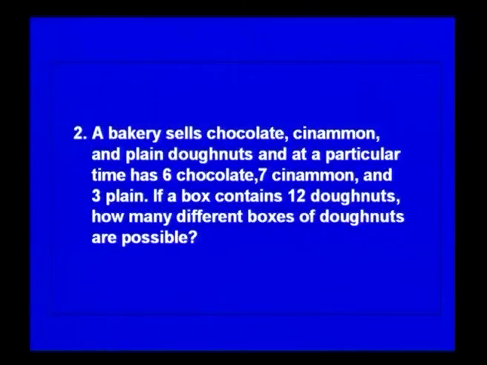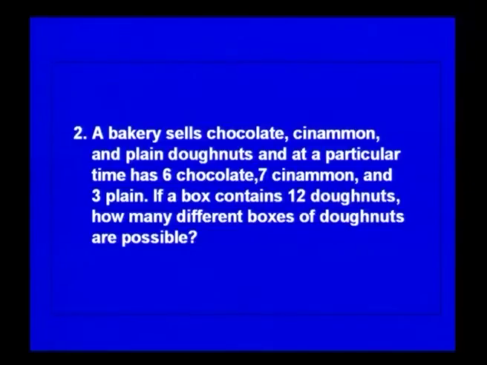A bakery sells chocolate, cinnamon and plain donuts, and at a particular time has 6 chocolates, 7 cinnamon and 3 plain. If a box contains 12 donuts, how many different boxes of donuts are possible? This is a question.